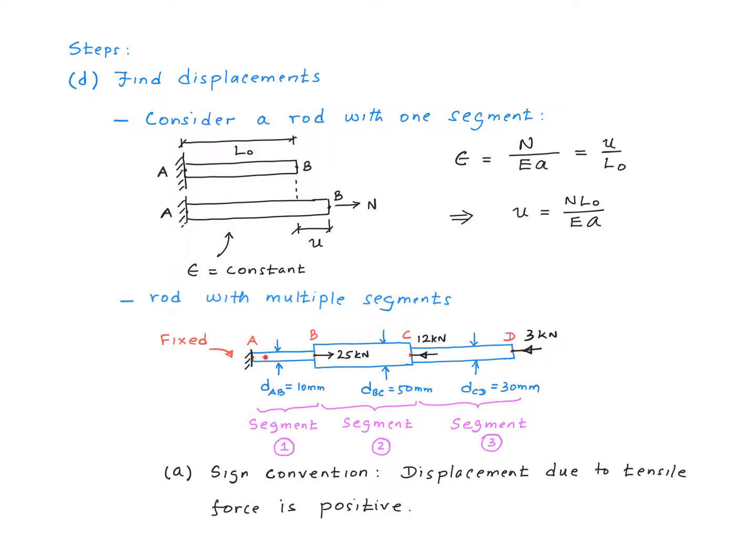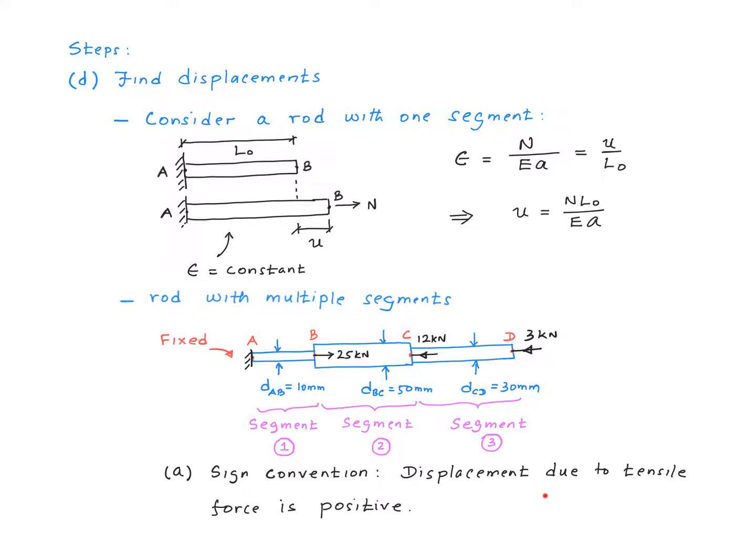And therefore, the displacement arising from segment number 1 is going to be the displacement of point B. But when you go to point C, we're going to have to consider the movement of point B as well, right? But point B could be moving to the right or moving to the left, depending on the problem. Then the movement of point C is going to depend on that, right? Either we're going to have to subtract the movement of point B or add the movement of point B in order to get the movement of point C from the displacement of segment number 2.